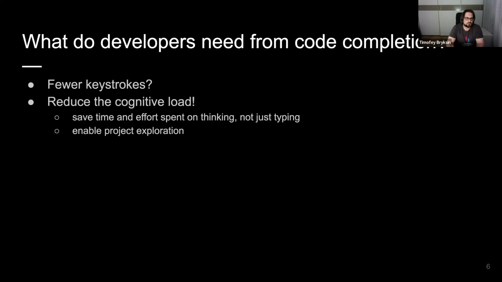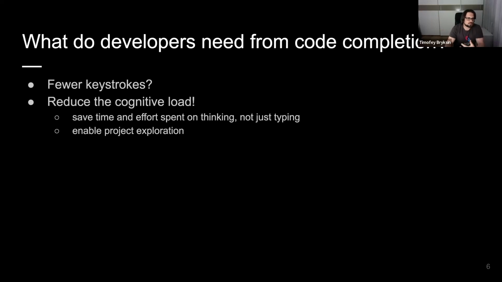So what do developers need from code completion? One obvious answer is that people want to type less. The fewer keystrokes that are needed, the better. In modern object-oriented languages, developers use very long and meaningful identifiers with camel case or snake case, and you want to input them quickly and with no typos.